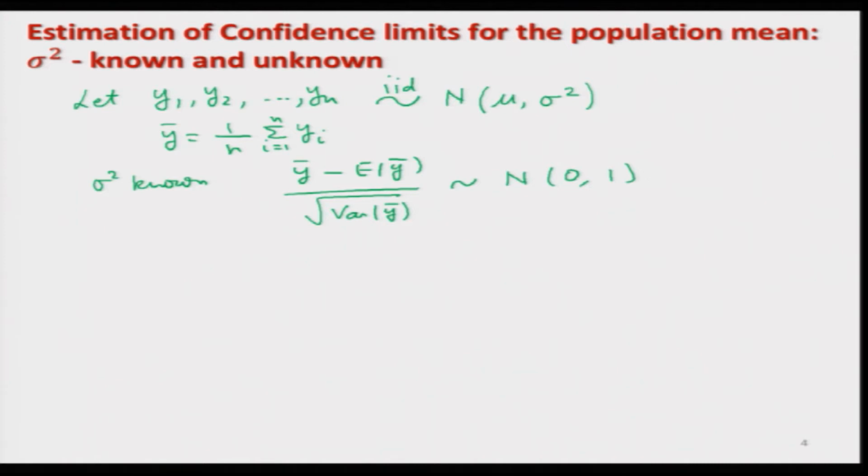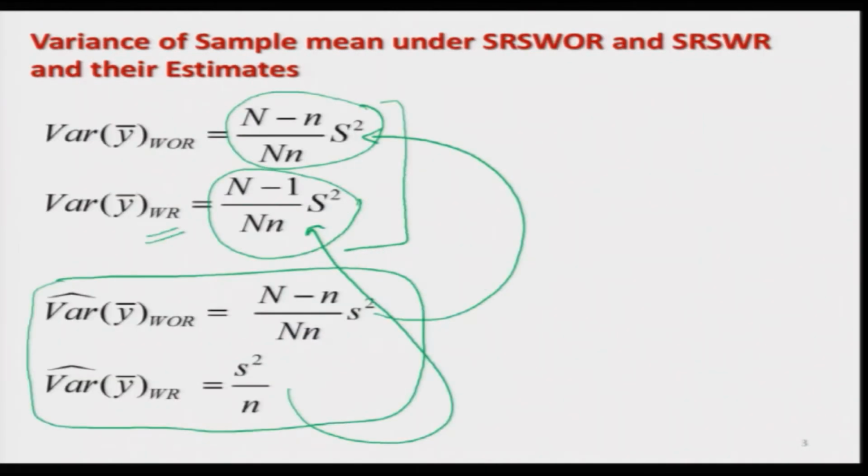So, in your case, you can translate it to small y bar, and the expected value of small y bar in case of SRS WR or WOR is capital Y bar, and the variance of y bar you already have obtained under the two situations WR and WOR, which you can identify here.